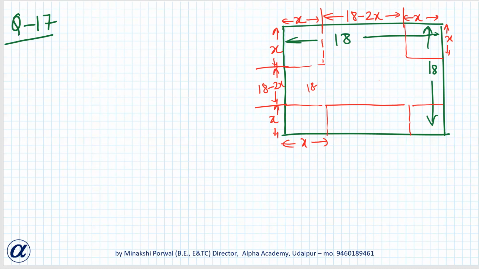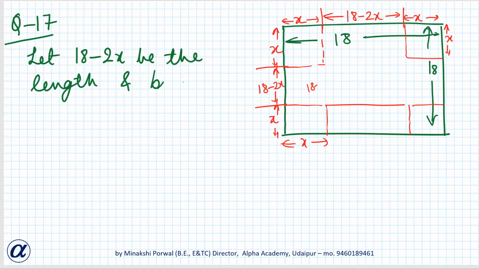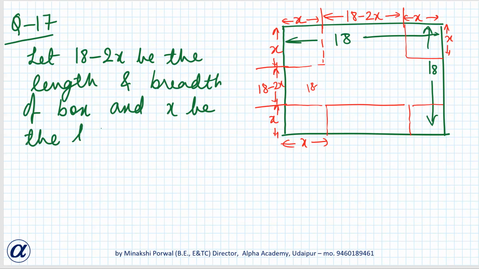So we'll write this, let 18 minus 2x be the length and breadth of box, okay, and x be the height of the box.